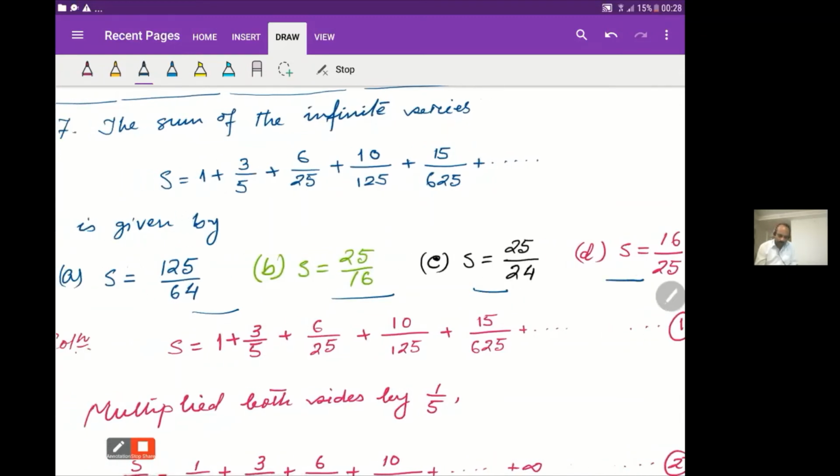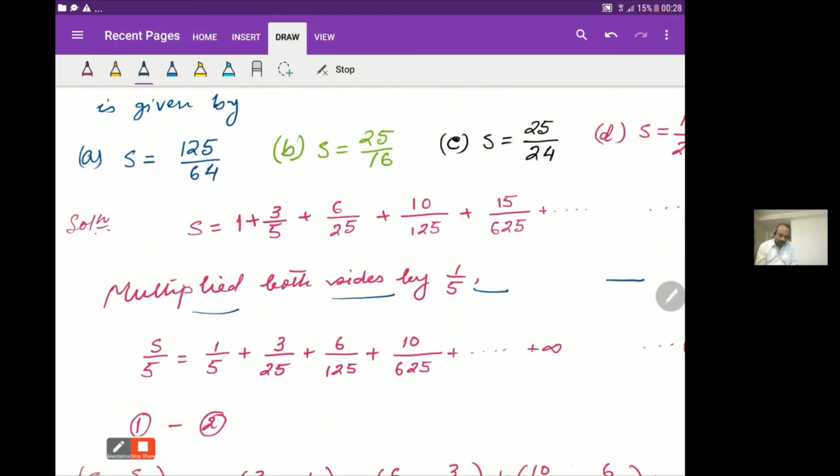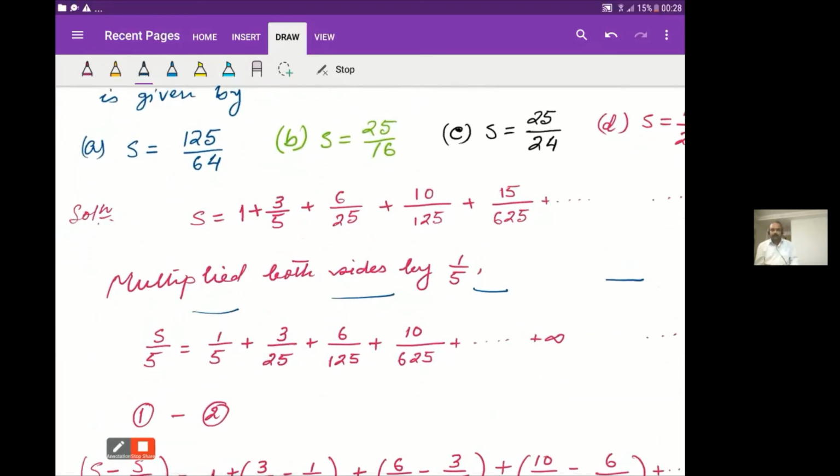Which one is the correct one? So generally our tendency is to make this series a common one. So let's see how we can make it.